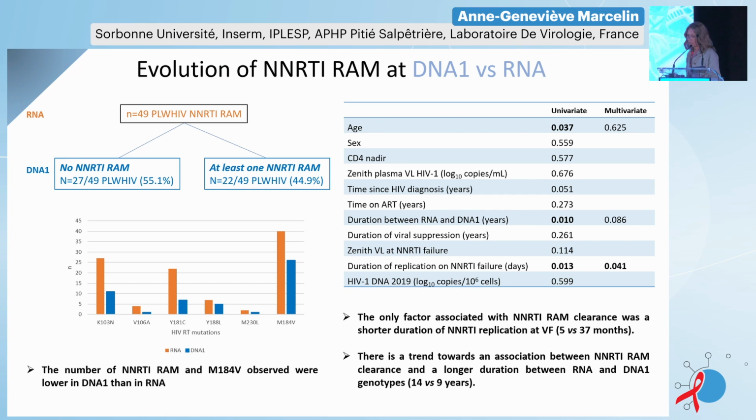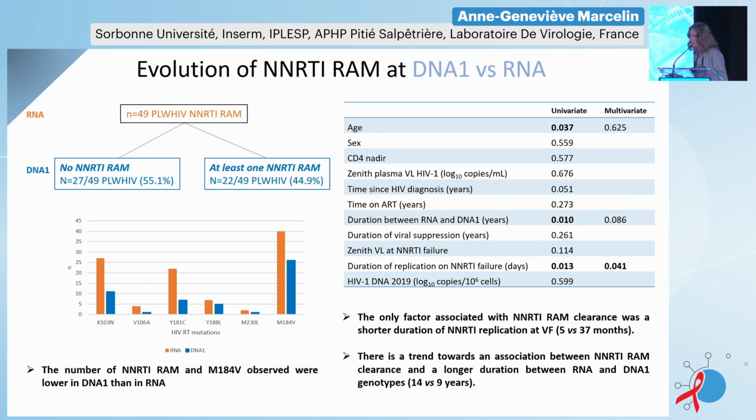You can see on the graph that overall the number of NNRTI resistance mutations and 184V observed were lower in the samples at DNA1 than in RNA, and this is true for all the studied mutations.